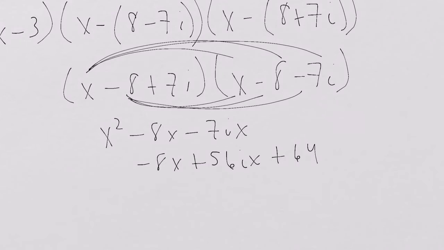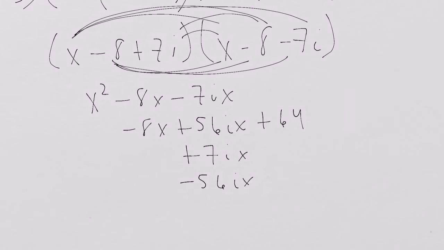Alright, then lastly I have this one, so I have a plus 7ix, a minus 56ix, good, so those cancel out, and then lastly I get a negative 49i squared. So we've multiplied everything out.